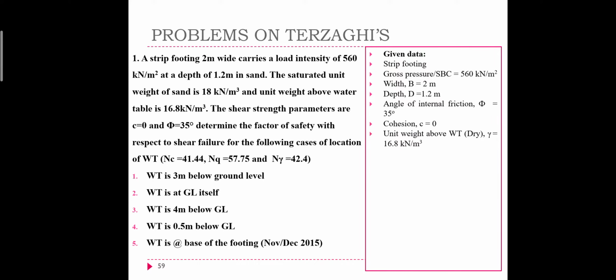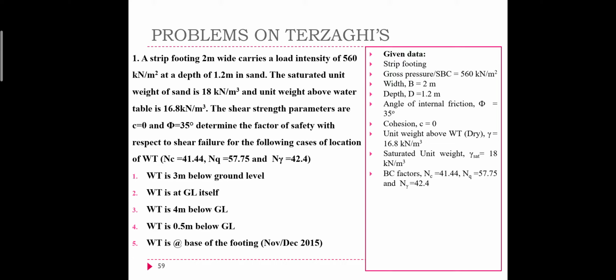The unit weight above the water table, which is the dry portion, is 16.8 and the wet unit weight, that is saturated unit weight, is 18 kilonewton per meter cube, and the bearing capacity factors are Nc is equal to 41.44, Nq is equal to 57.75 and N gamma is equal to 42.4.